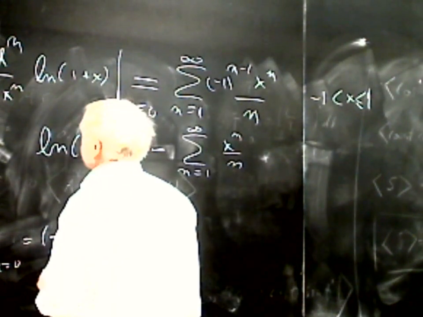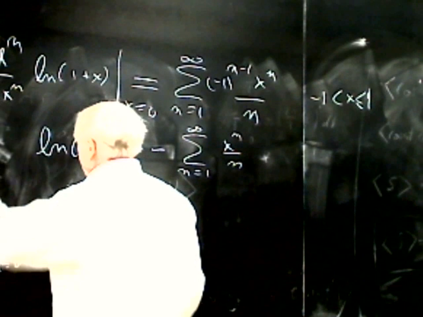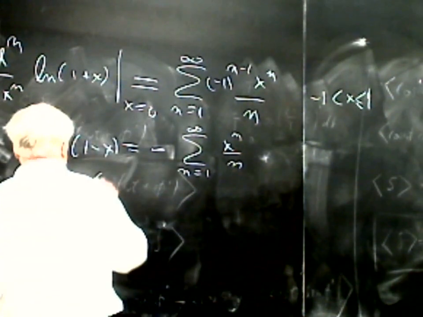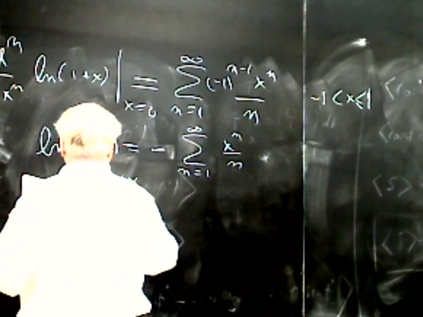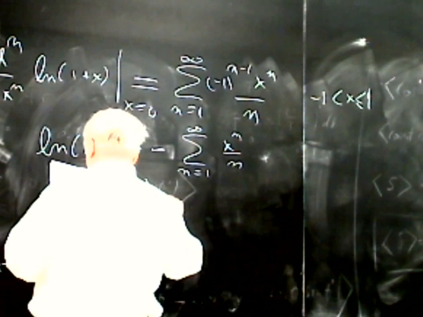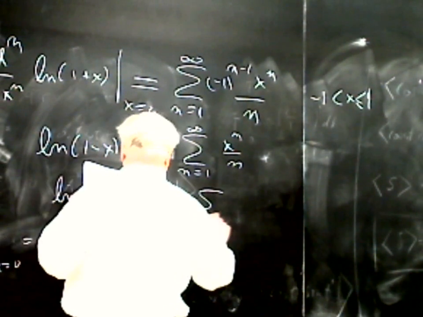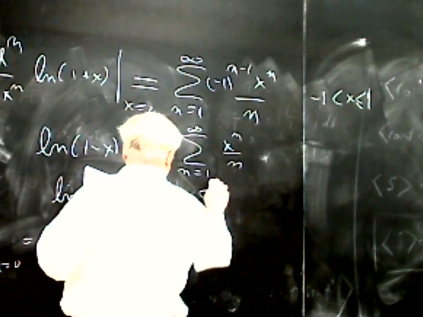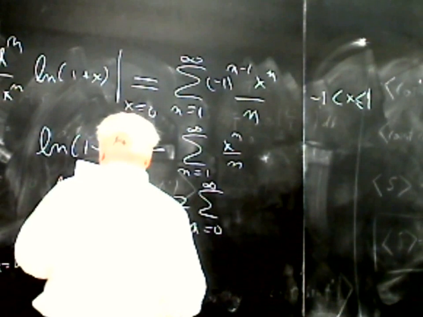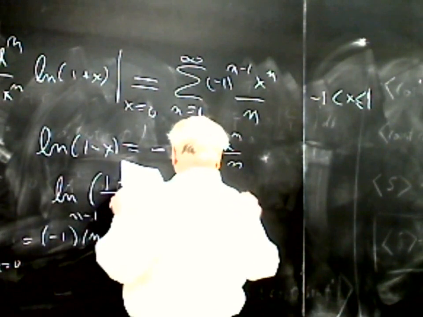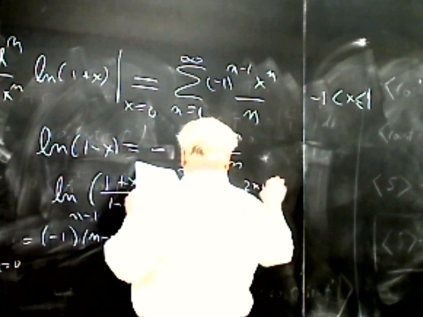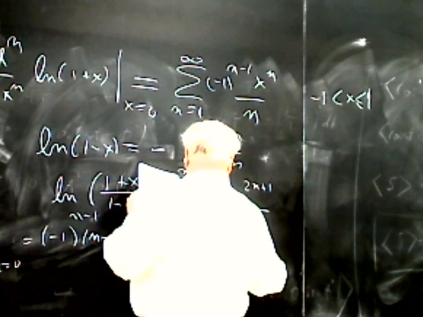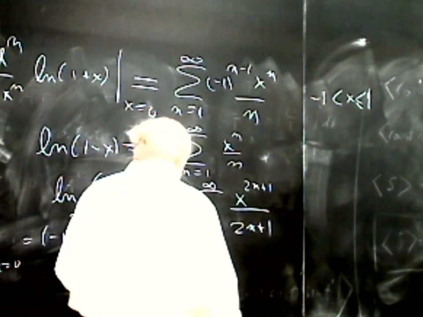And so now, subtracting this from that, you get that the log of (1 plus x) over (1 minus x) is 2 times the sum from n equals 0 to infinity of x to the 2n plus 1 over 2n plus 1.